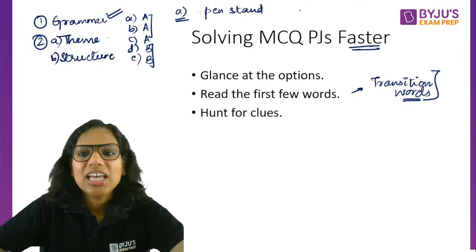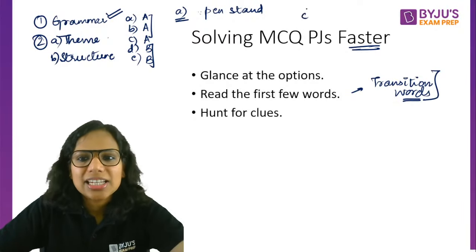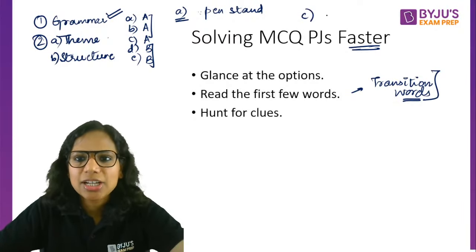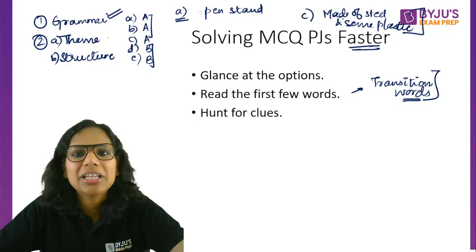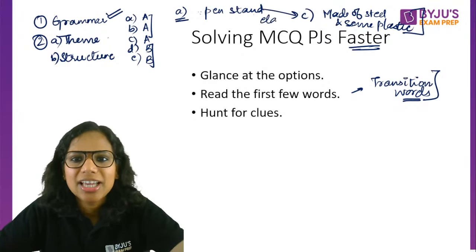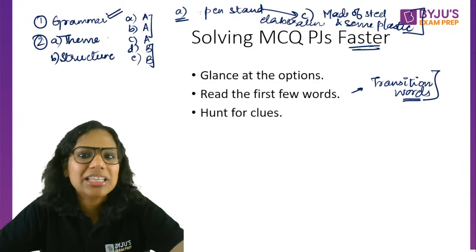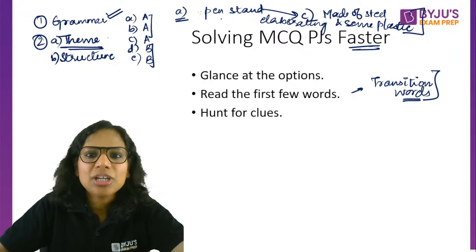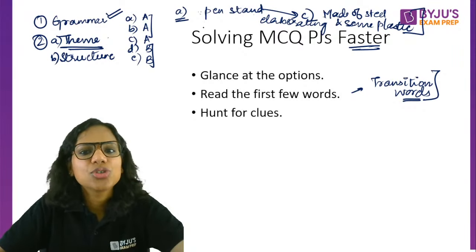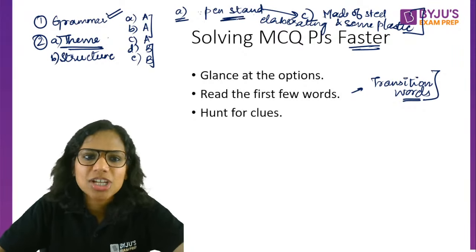Then in, let's say, sentence C, the third sentence, I talk about its make, let's say made of steel and some plastic. So you understand that I am talking about the make of this pen stand only. I am elaborating about this pen stand right now. So this is a theme based clue. Yes, I am elaborating on the topic that I introduced earlier. So pay attention to such clues.